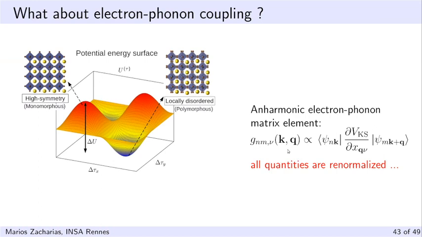We see that the electron-phonon matrix elements will be affected both for the wave functions and also when we take the derivative with respect to the potential energy surface, this will be a different point in the potential. So all these quantities entering the electron-phonon matrix elements are actually renormalized, and we would expect a different result if we use this locally disordered structure.